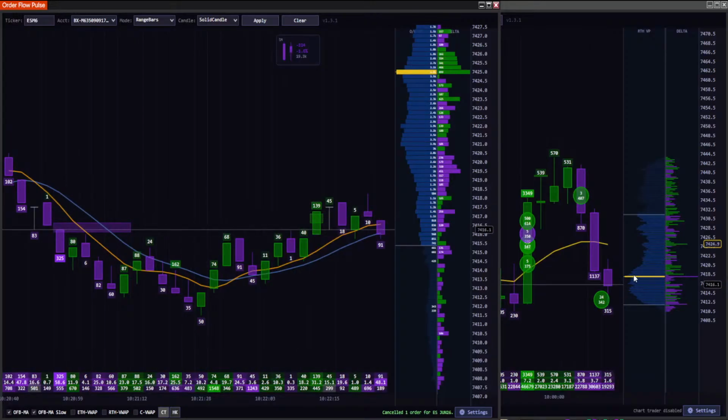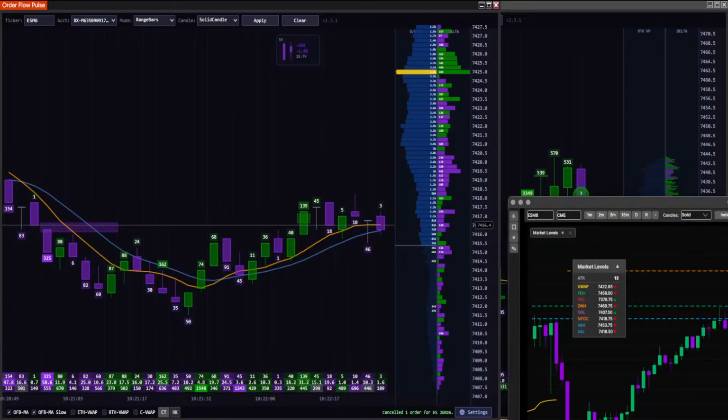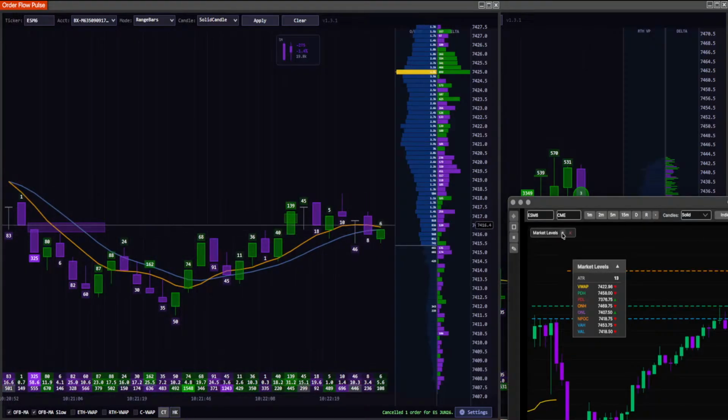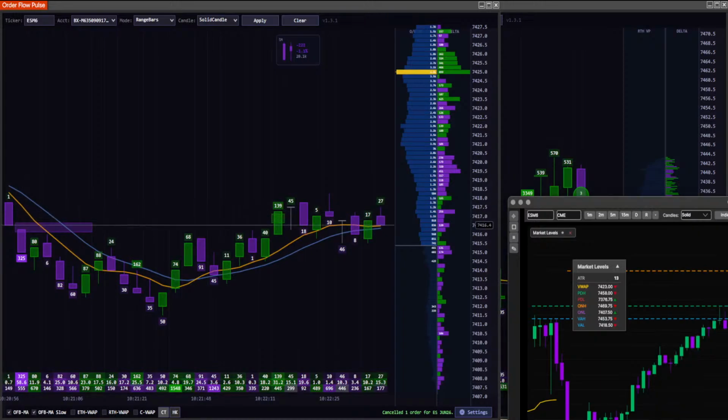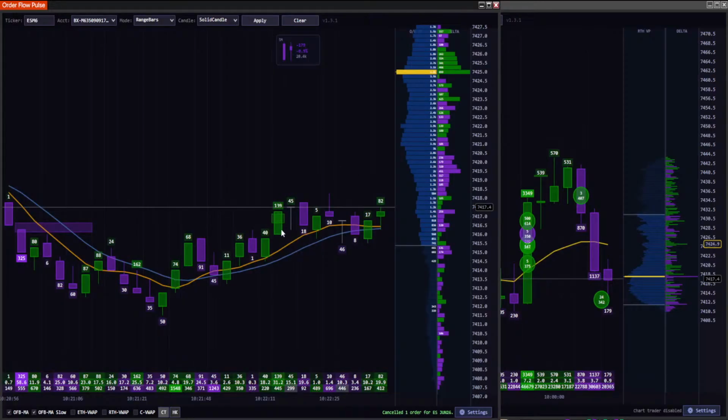We're right here at the point of control, so that's really not an ideal situation to be taking. Let me get rid of that naked point of control for this. It's just not an ideal trade, to be quite honest.